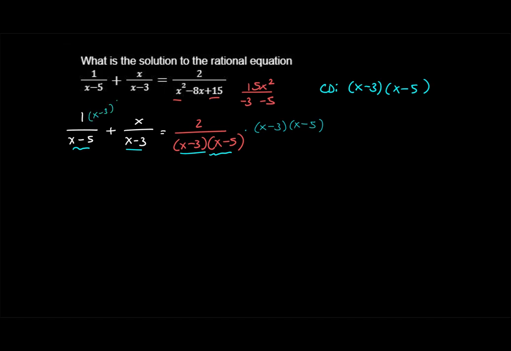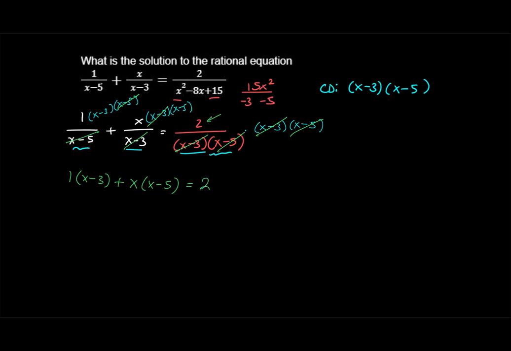X minus 3 times x minus 5 and x minus 3 times x minus 5, distributing it to both fractions, and then proceeding to cancel the x minus 5's, leaving us with 1 times x minus 3, canceling the x minus 3's, leaving us with plus x times x minus 5, and in the fraction on the right side of the equal sign, the x minus 3's and the x minus 5's cancel, leaving us just with that 2.